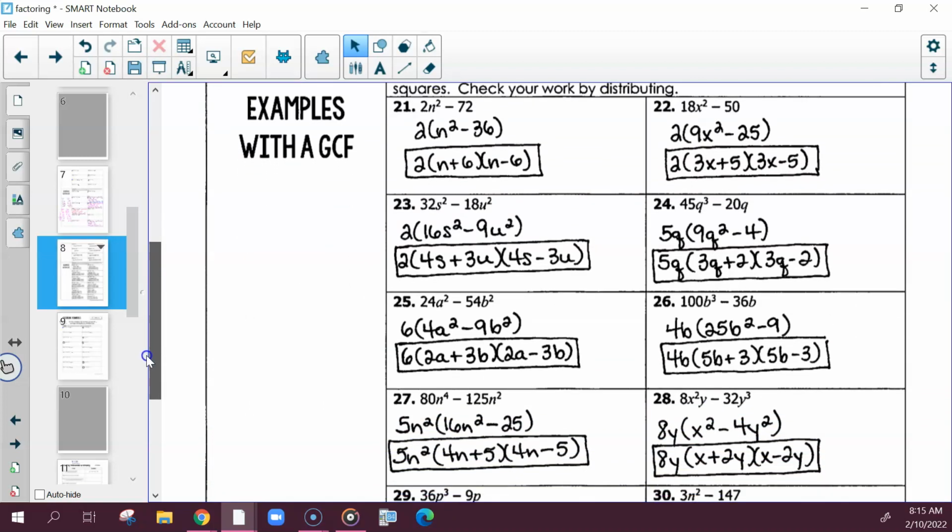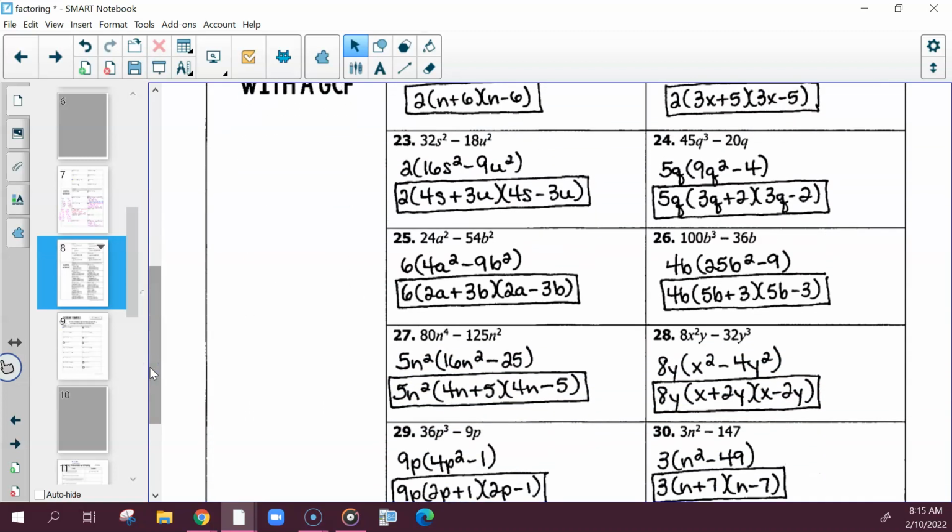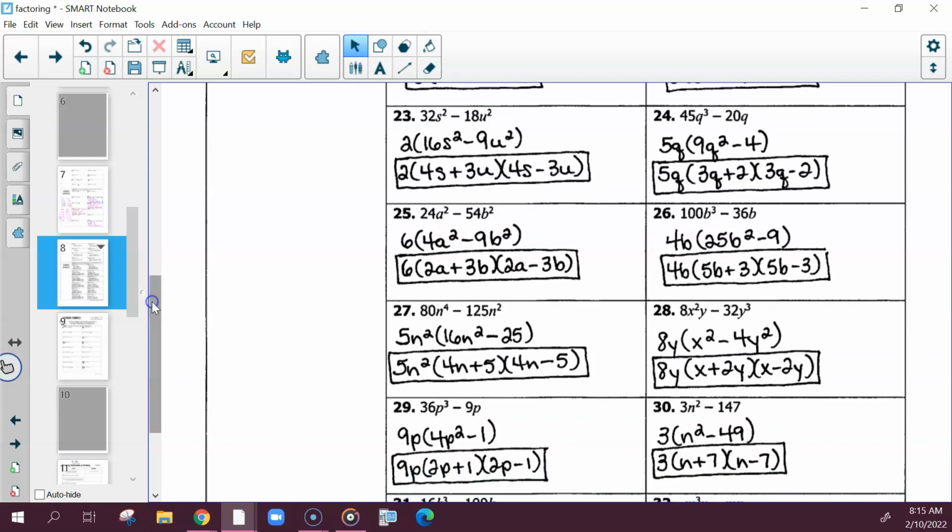Yesterday. So for number 23, your factors were 2, and then 4s plus 3u, and 4s minus 3u. We did 24. 25 was 6 times 2a plus 3b, 2a minus 3b. We did 26. And 27.